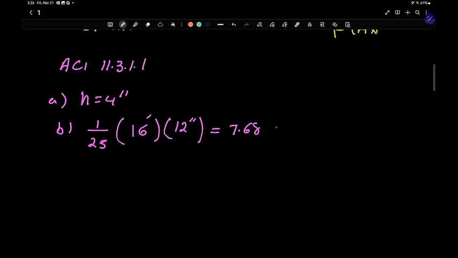So the bigger number controls, and we're going to say use an 8-inch wall. That's what we're going to use for the thickness of the wall. So that's our h.